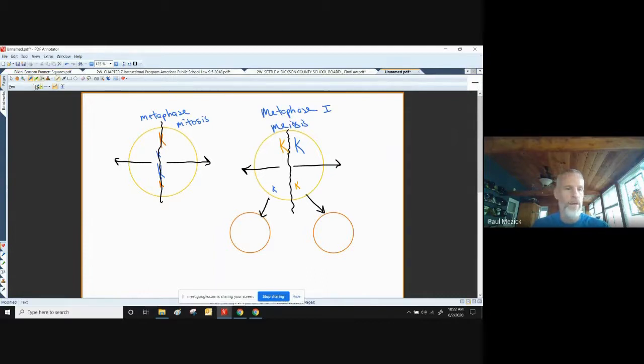So what would that look like? That would look, in this picture, we've got this. We've got this. So then there's going to be a whole bunch of process, but metaphase is going to happen again. It's going to go through all this stuff, and metaphase happens a second time. And when it happens the second time, we'll draw orange.